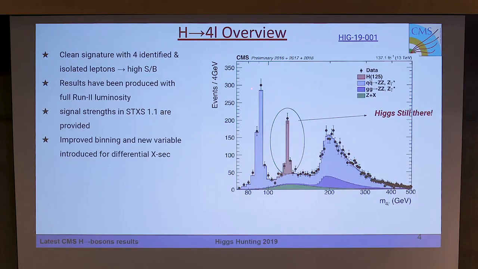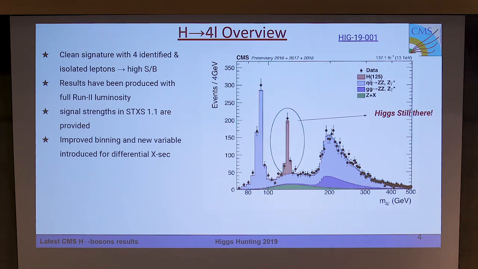In this version of the analysis, we provided the signal strengths in stage 1.1 of the simplified template cross sections, and we also improved the binning, and some new variables were introduced for the differential cross section. You see here the 4 lepton invariant mass in the full range up to 500 GeV.